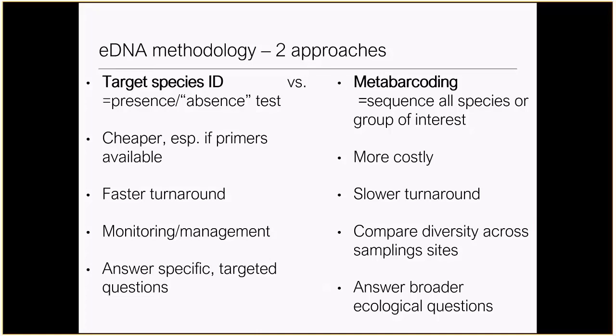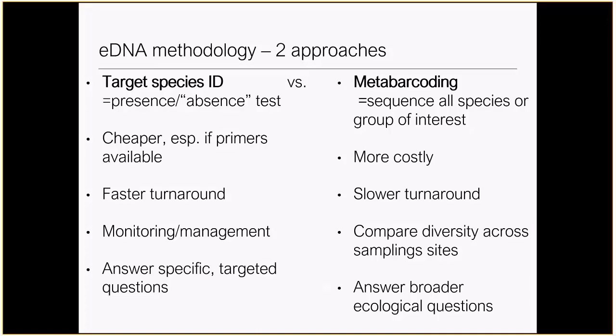There are a lot of primers that are already available and published, and I'll provide some sources for you to research that to see if protocols have already been developed for identifying your target species of interest. But this is going to answer probably more of a monitoring or a management question, something a bit more targeted.